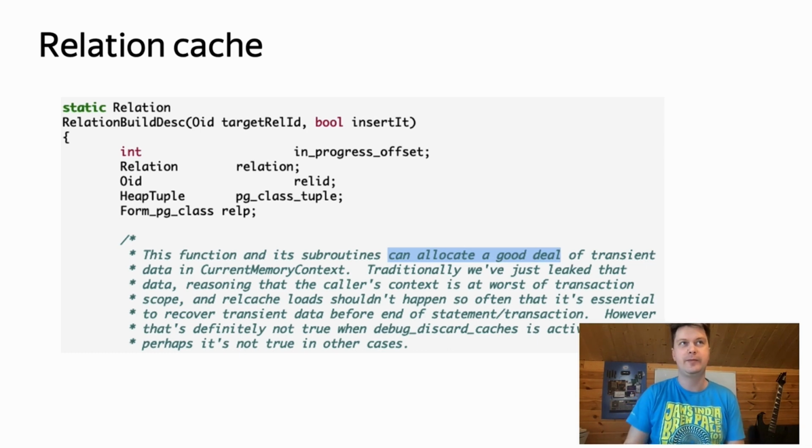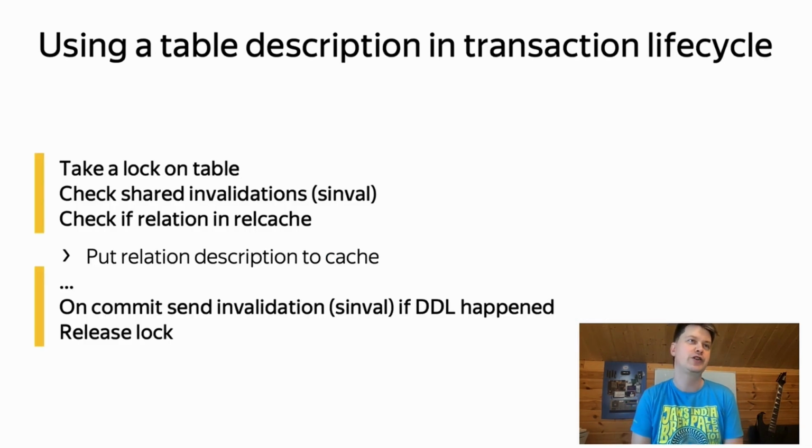And the algorithm of building relation cache is as follows. First, when we are first using some table within our transaction, we check if there are shared invalidation messages from other backends saying that our cache may be stale.